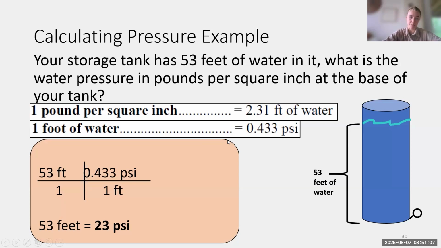We're going from feet of water to psi to get the final pressure. We have foot on the top and foot on the bottom, so we can cancel that unit out, and that leaves us with a final answer of 23 psi. So 53 feet of water is equal to a pressure at the bottom of the tank of 23 psi.